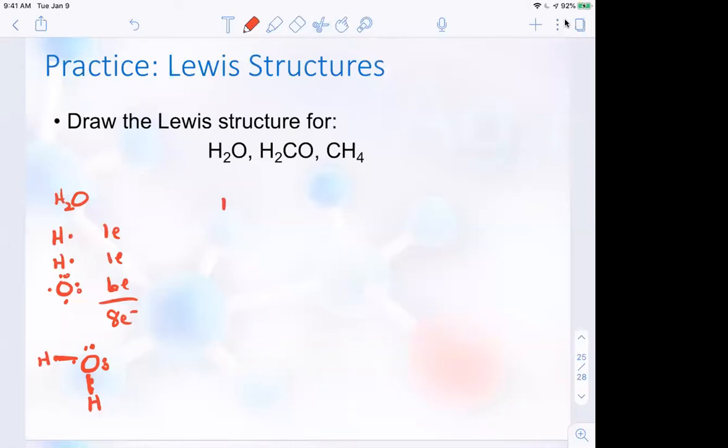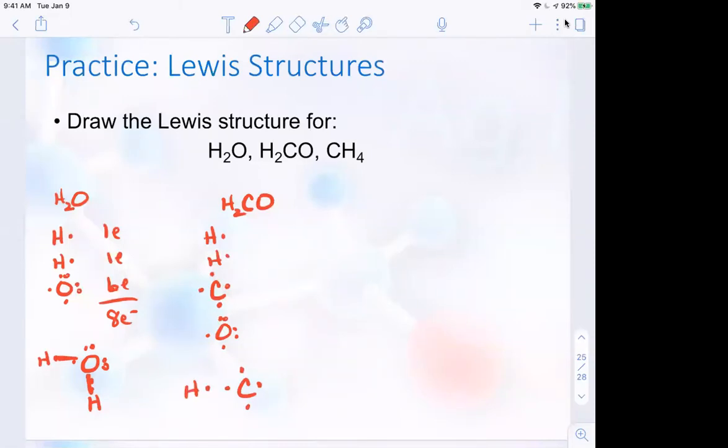If I look at H2CO, I have 2 hydrogens. I have a carbon which has 4 electrons, and I have an oxygen that has 6. I'm going to put carbon in the middle because it has the highest bonding capacity.